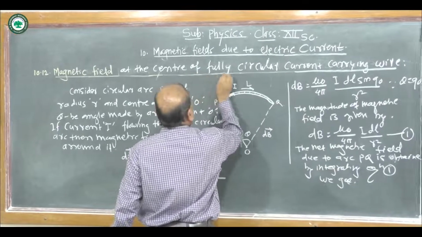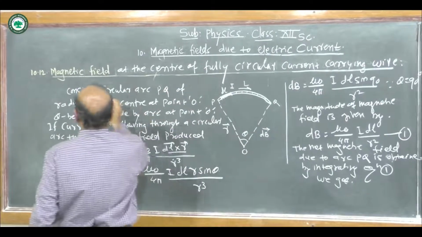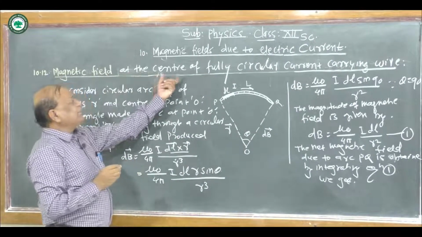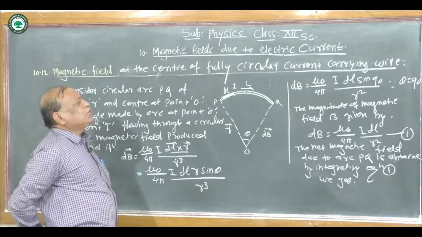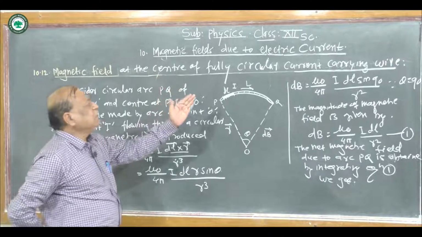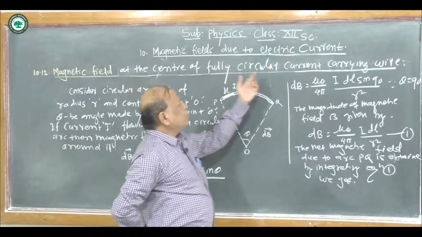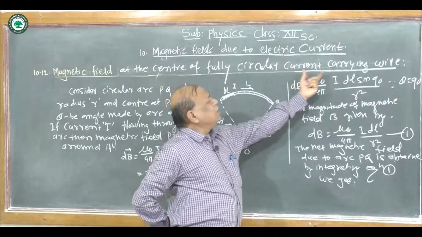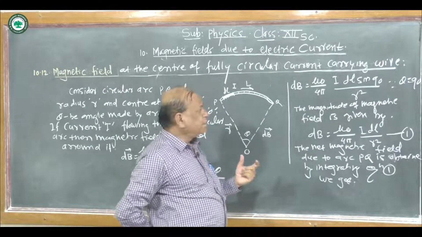From this article we have to find the magnetic field at the center of a fully circular current carrying wire.